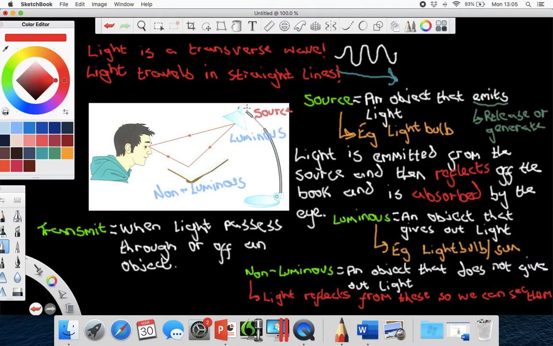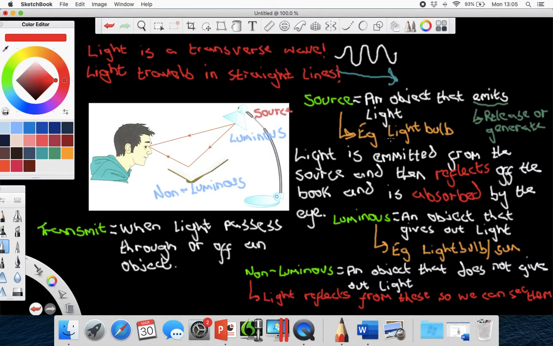So we've said that the light is generated by the light bulb, it's released or transmitted from the book, reflected from the book, transmitted into the person's eye. We've said that the lamp is a luminous object because it gives out light, and we've said that the book is a non-luminous object because it doesn't give out light. It simply reflects from it.